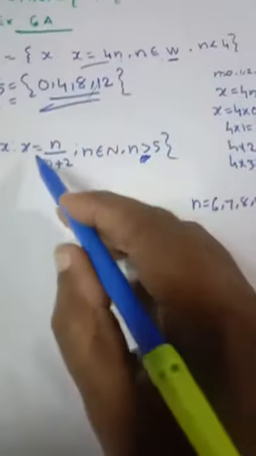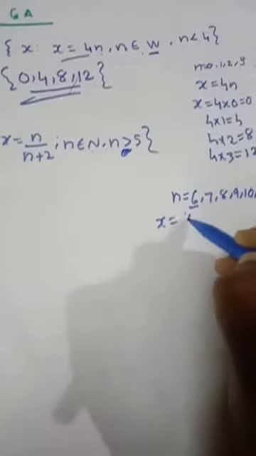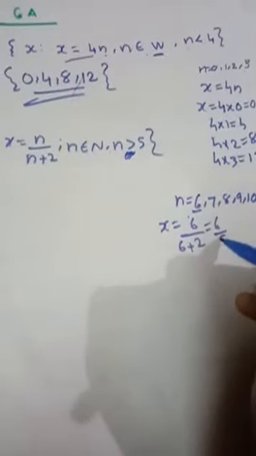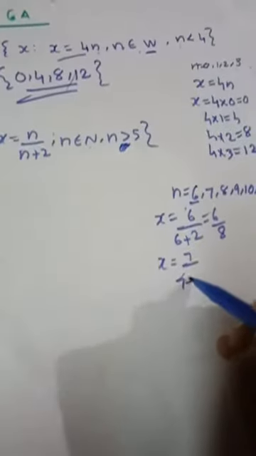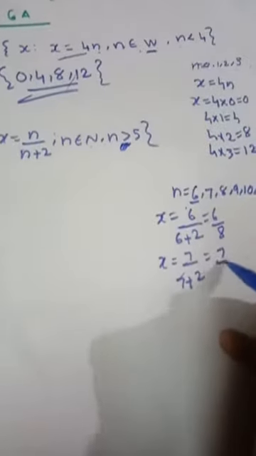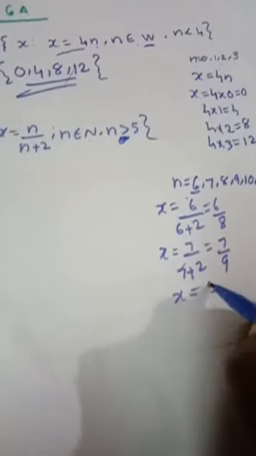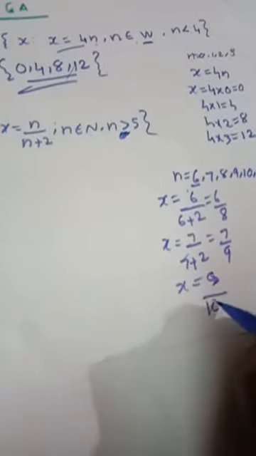Now substitute the values. X is equal to n by n plus 2. Take n as 6, 6 by 6 plus 2, that is 6 by 8, one value. Again another value, 7 by 7 plus 2 equal to 7 by 9. Then x is equal to 8 by 8 plus 2, 8 by 10.